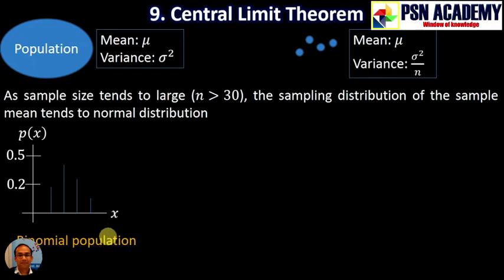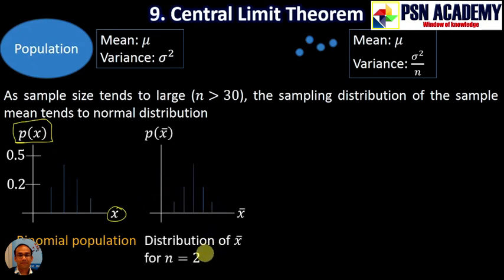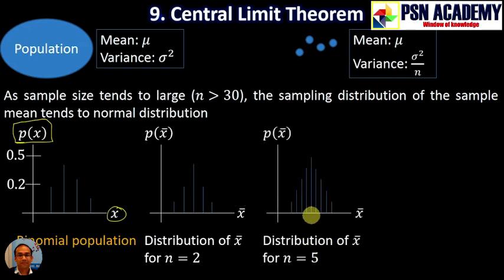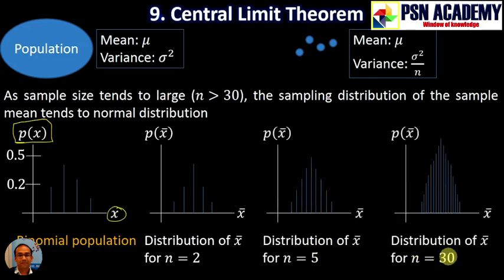For a binomial population, remember this binomial population is discrete, so we are dealing with probability because we are dealing with frequency. This side is x and this side is probability of x, and we have a figure like this, the initial figure. Now for n equal to 2, the figure goes like this, n equal to 5, this, and n equal to 30, it is like this.